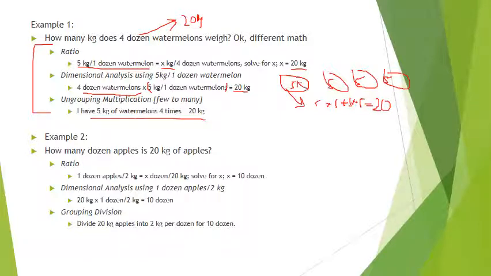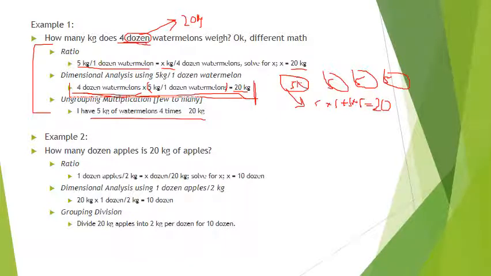Now, again, a lot of students have been brought up using dimensional analysis, and that's fine. But remember, it's got to make sense. Dozens is a group, and you're letting out. So remember, dozen, and we'll even see moles, are groups.